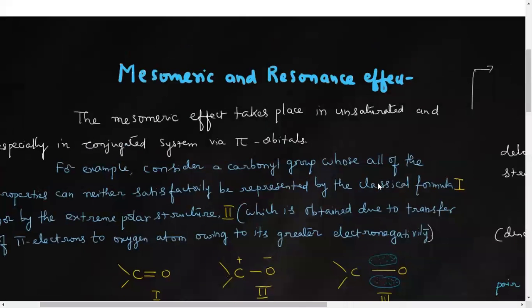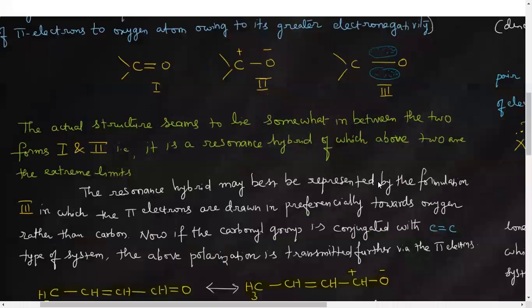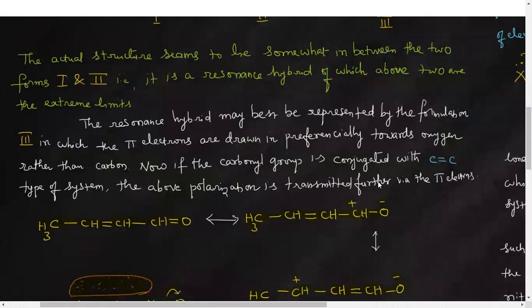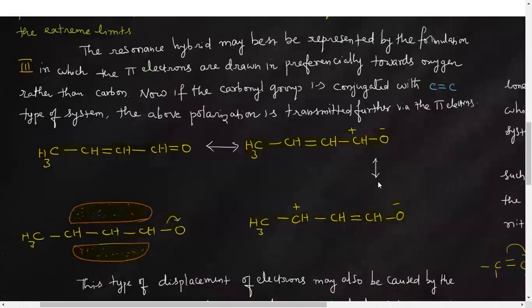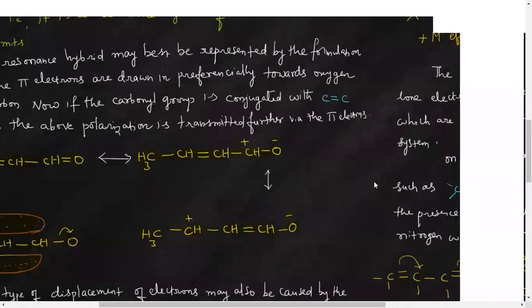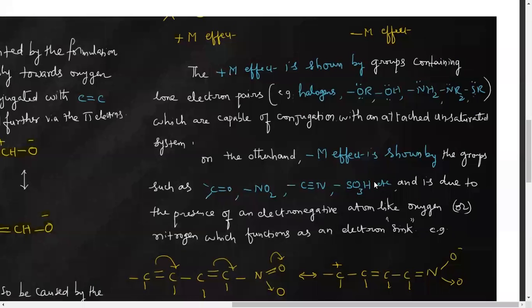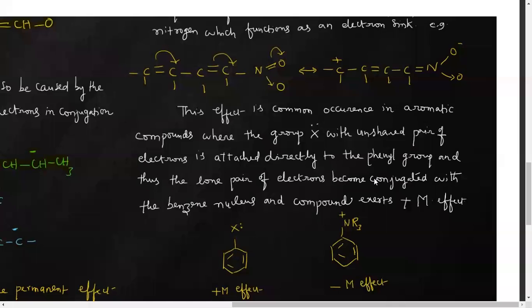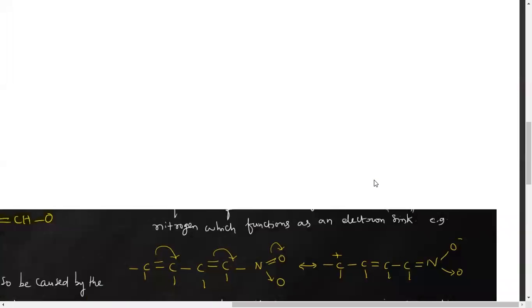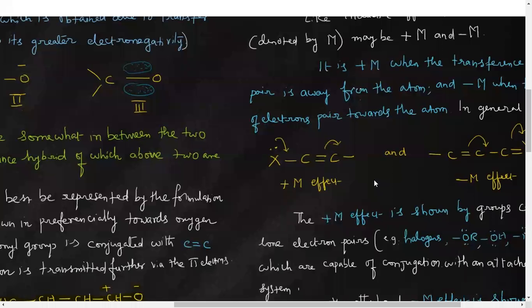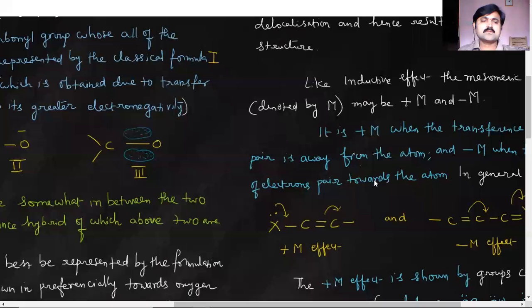So this is what we have observed in this video. We have discussed the mesomeric and resonance effects, taken examples, described the positive and negative mesomeric effects, and shown what kind of groups are responsible for exhibiting them.